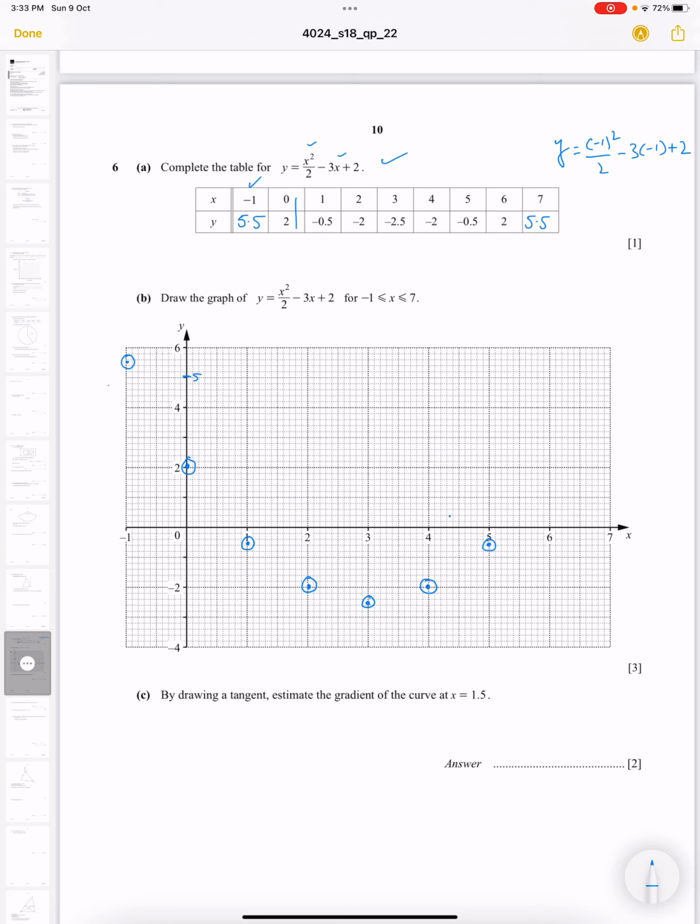And 6, 2. Here we have 6, 2. Now let's join these points with a smooth curve. So a curve will be formed like this. Here is the curve. It goes like this. Okay.